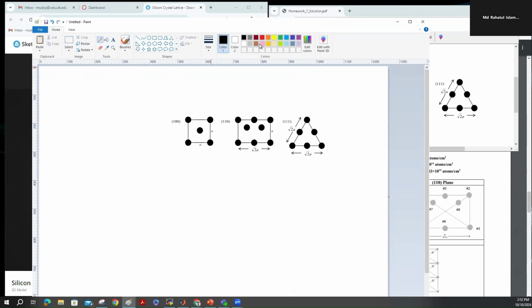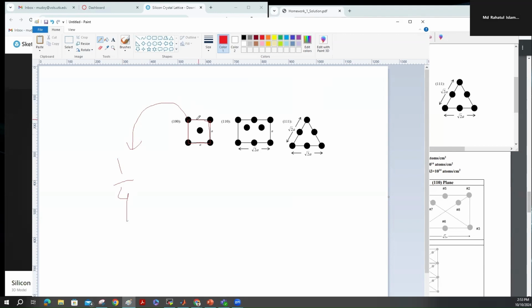So let me change the color. So this is basically the 100 plane. As you can see, this whole atom is not inside the 100 plane. Only 1/4 of this atom is inside the plane. So we will not take the whole atom in the count. We will take 1/4 of this atom.